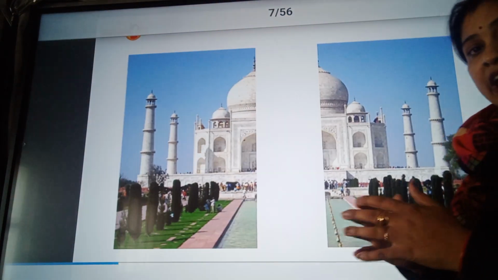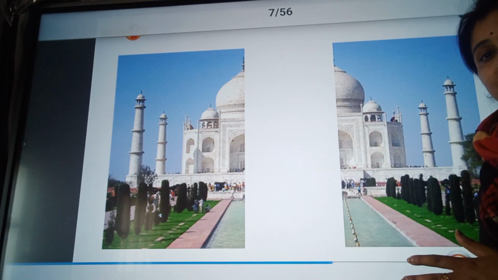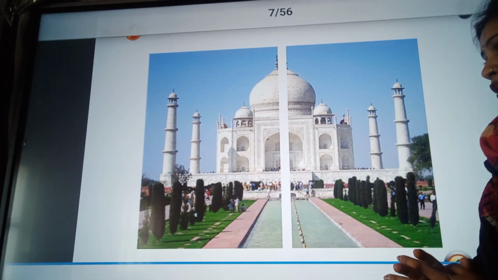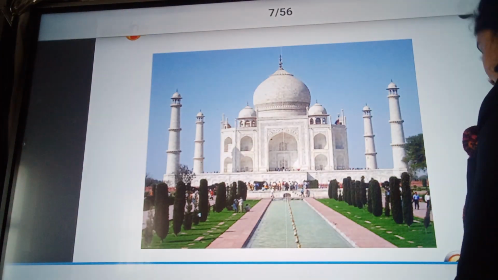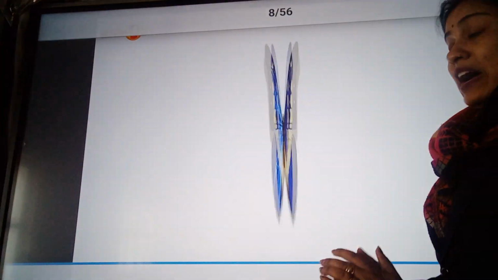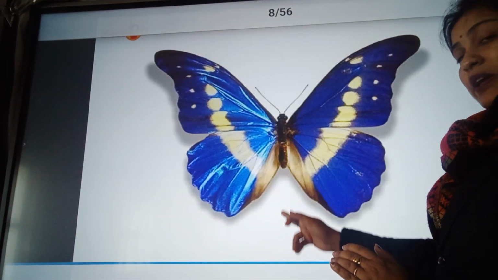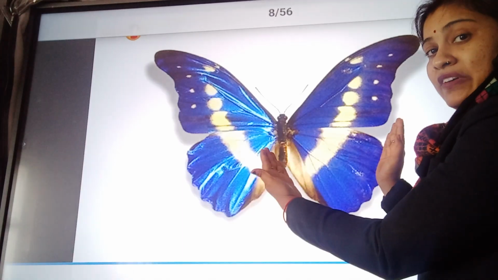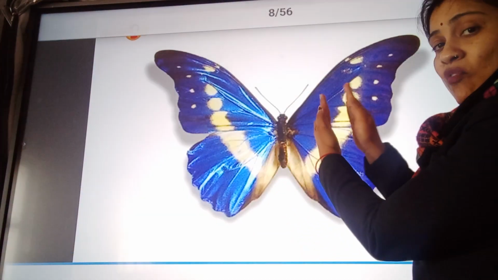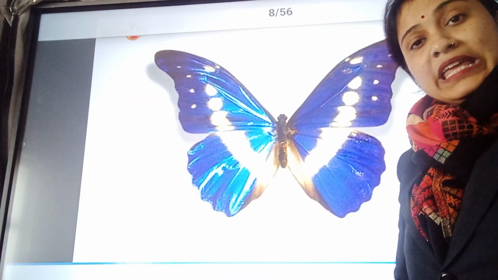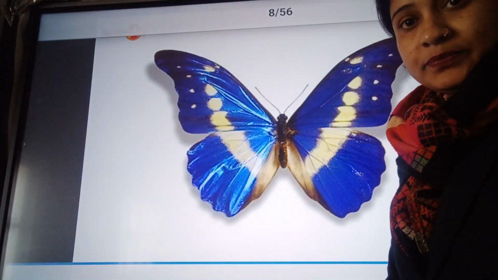Here again, if I divide the Taj Mahal from the mid and if I rejoin it, we get exactly the same parts on both sides. And can you see this beautiful butterfly? If I divide this butterfly from the midpoint, the two halves are exactly symmetrical, or if we overlap it, we will get the identical figure.